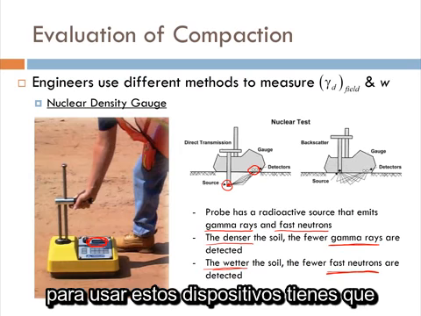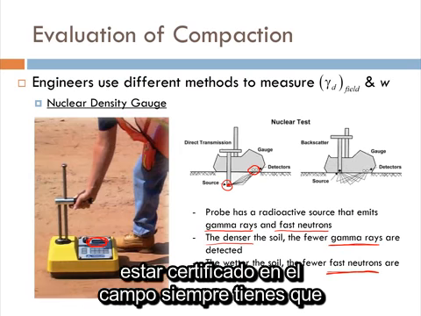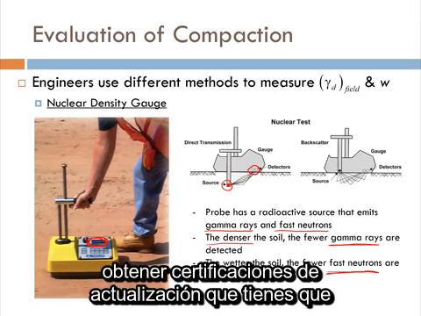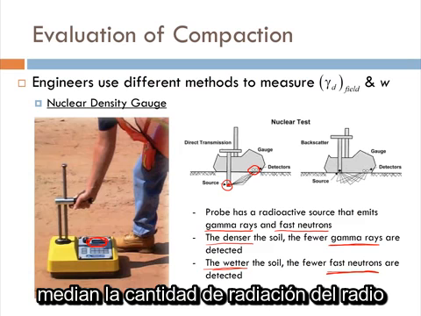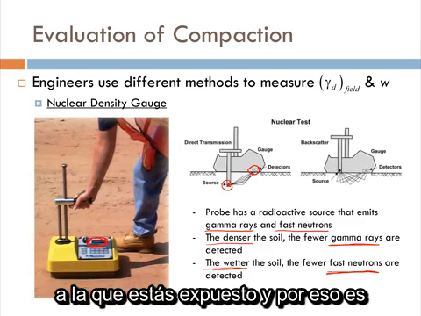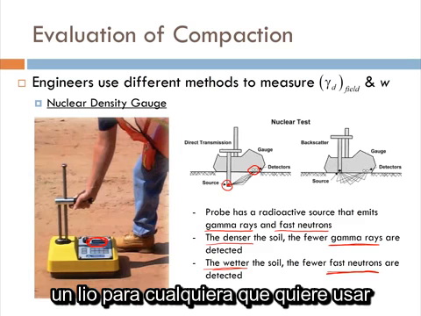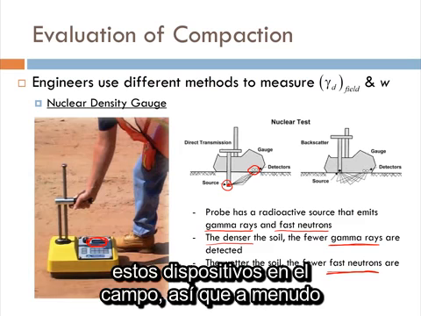In order to use these devices, you have to be field certified. You always have to get updated certifications. You have to wear safety equipment badges that measure the amount of radiation that you're exposed to. So it's kind of a big deal. Not just anybody can use these devices in the field.